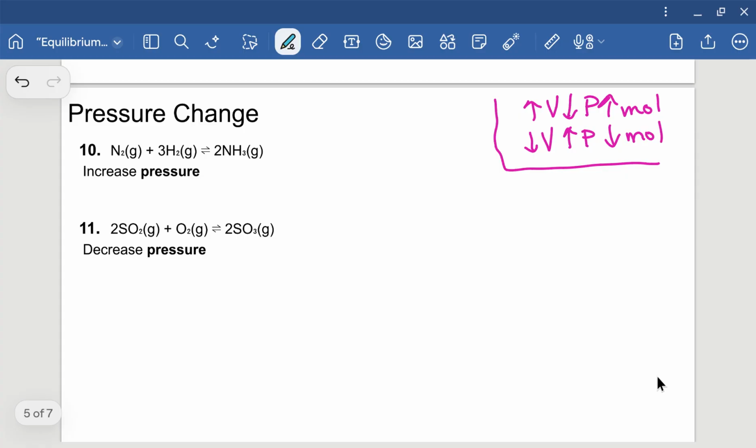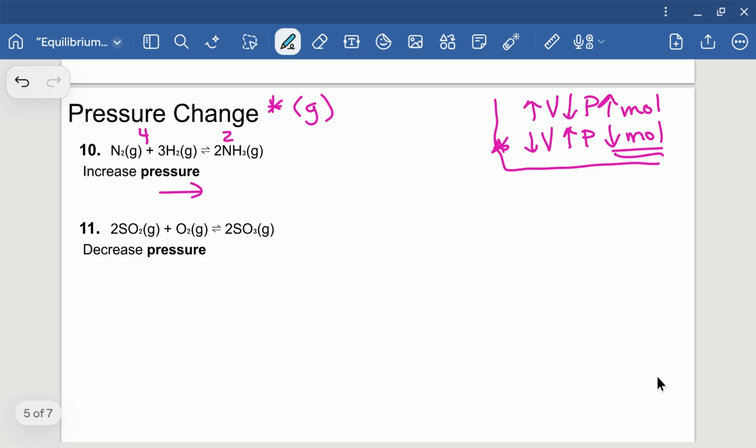The other part here that you want to remember is a pressure and a volume change only affects systems that are in a gas state. If it's not in a gas state, a pressure or volume change won't do anything. So looking at the first example, if you increase pressure, so increased pressure would be this one here, you're going to the side with less moles. On the reactant side, you have a total of 4 moles. On the product side, you have 2.